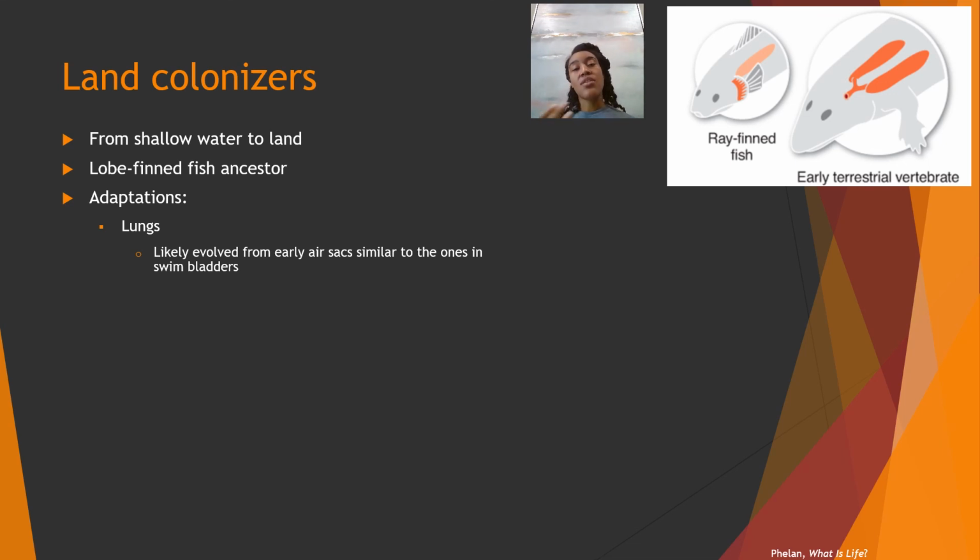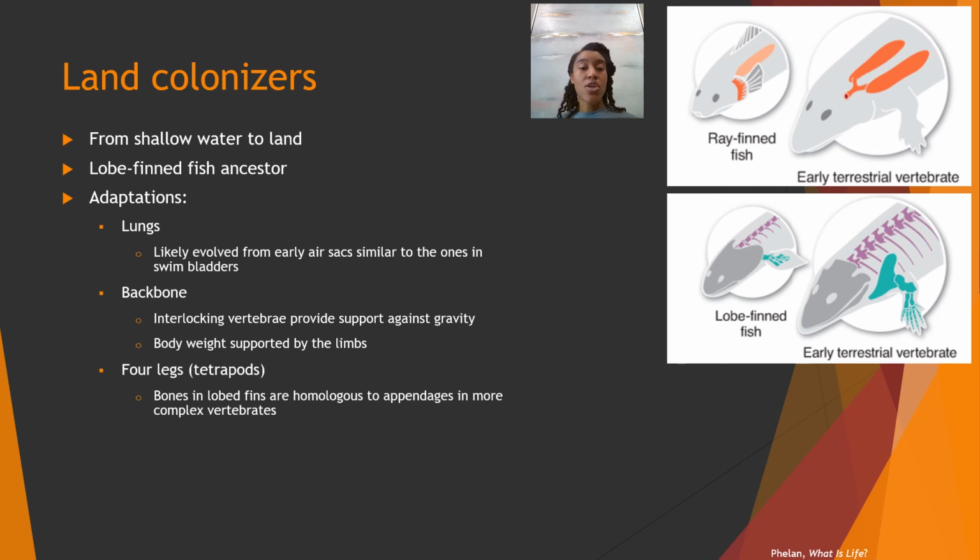And so the common ancestor of all terrestrial vertebrates lost its gills and further developed its lungs to get full-size lungs. The early lung is thought to have derived from early air sacs similar to the ones that developed into the swim bladder in the ray-fin fish, but instead of becoming a swim bladder, it became a sort of lung that was further developed later on to become lungs as we know them today.